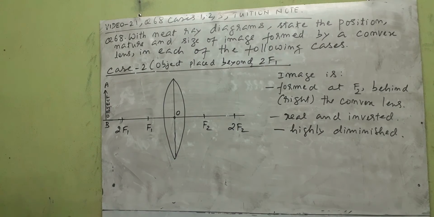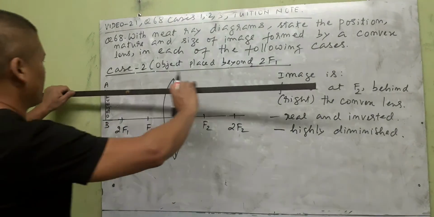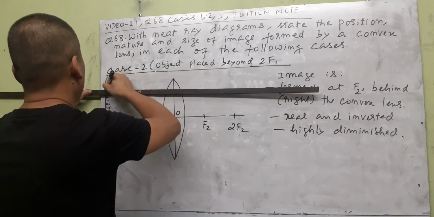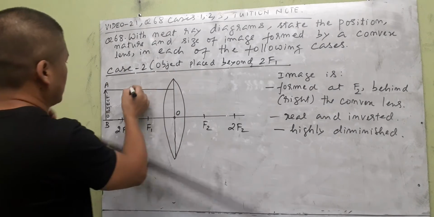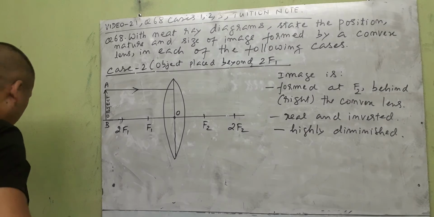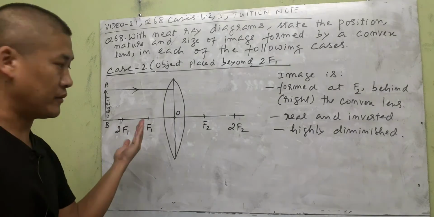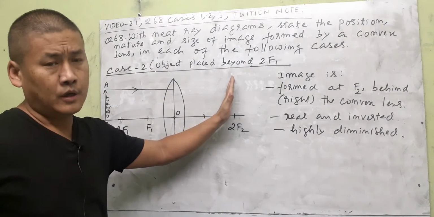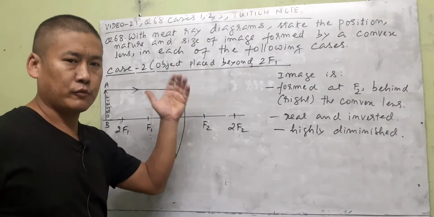Now to get the image, we need 2 refracted rays. So from the top of the object, let us imagine a light ray is coming parallel to the principal axis. As we said, we will always put the object on the left, just like a mirror, even though we can put it on the right also for a lens, but we won't do that, okay?